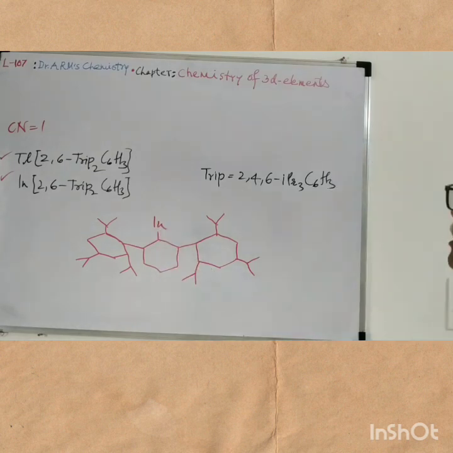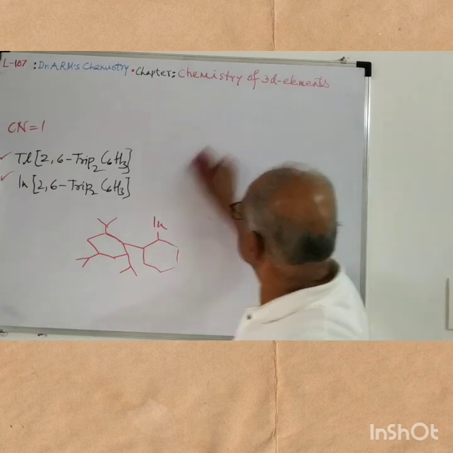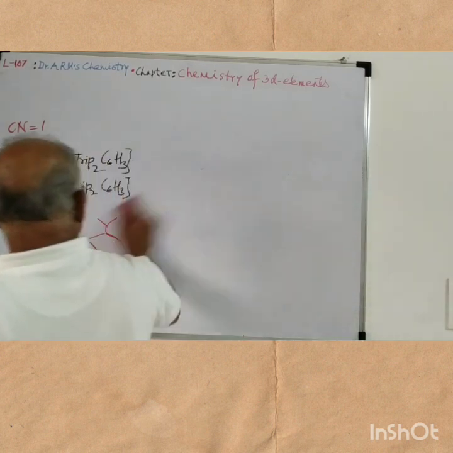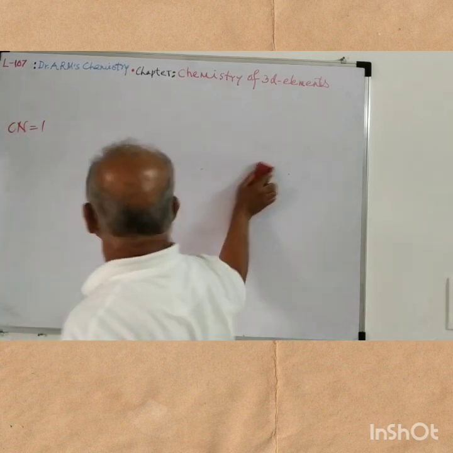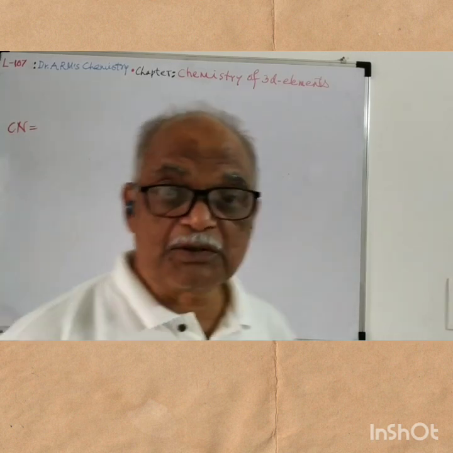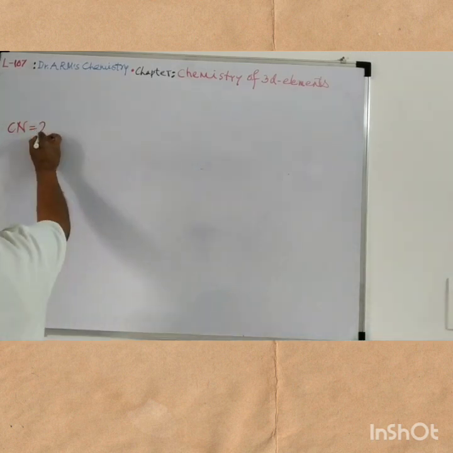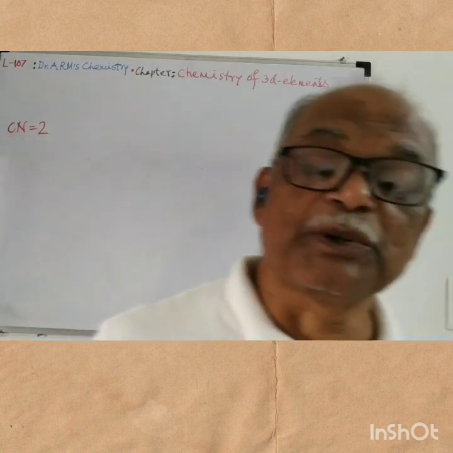So in this way, we can explain the coordination number and geometry. Now we will see another coordination number. It is coordination number 2. This coordination number is also rare.